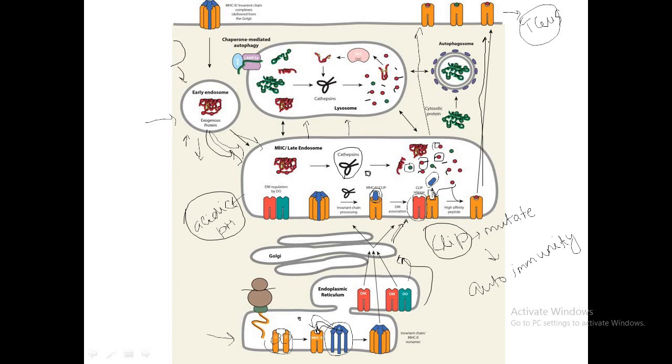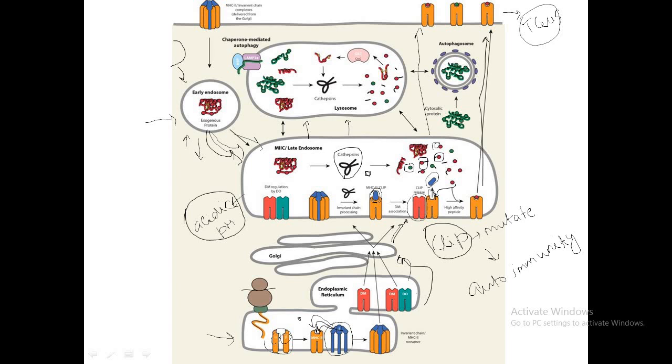So any protein that comes from outside and is internalized via phagocytosis moves from the early endosome to the late endosome. Inside the late endosome, cathepsin starts degrading this foreign protein, and it will bind to this MHC2 molecule only when CLIP is removed.